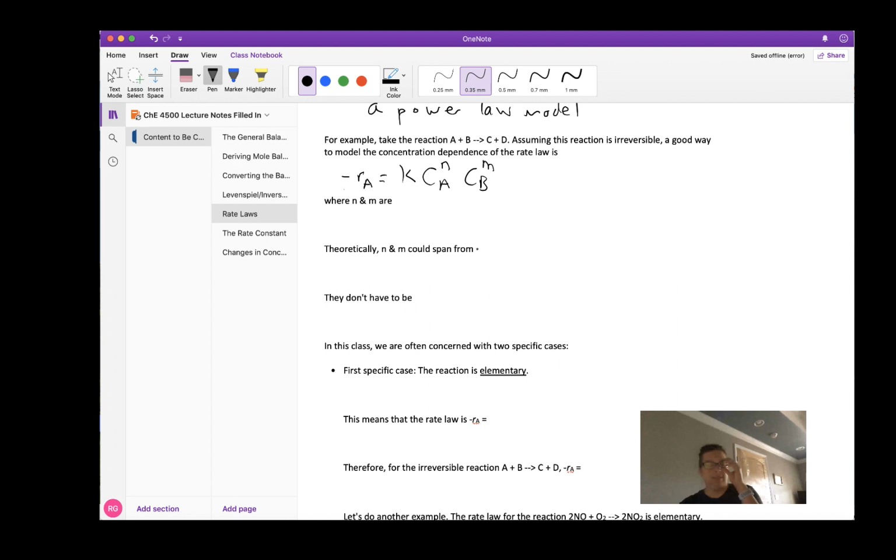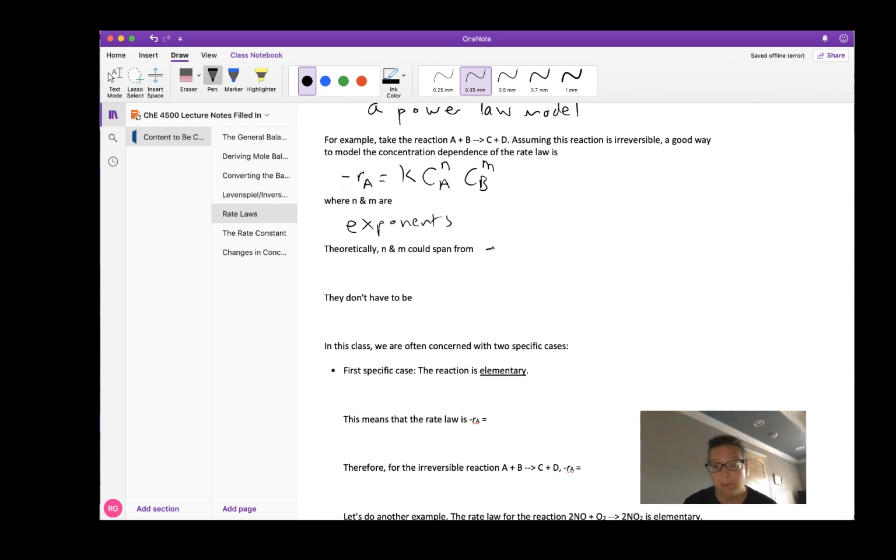I haven't given any details on what n and m are, but basically what I mean by a power law is we take the species that contribute to the reaction. This is an irreversible reaction, so the only species that contribute to the reaction are the reactant species. And so I take the concentrations of those species and I raise them to some power. The n and the m are exponents. There's really no limit on what n and m could be.